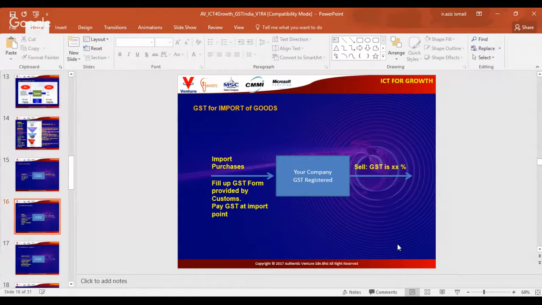If you import your product, import of goods, the government will ask you to pay the GST at the customs point, at the import point. So you pay the GST at that point, and then you claim your GST in your report as the input tax.